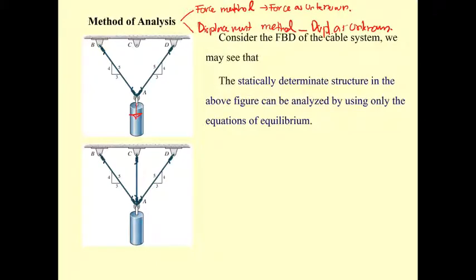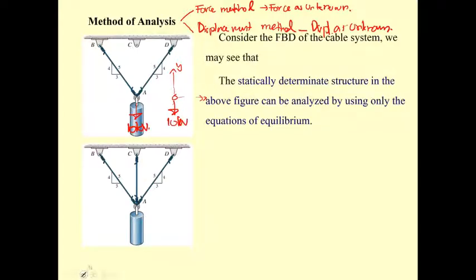Let us first consider this one, and you may have this weight of 10 kilonewton. You may draw the free body diagram of this one. This is going to be the X, this is going to be the Y, and this is going to be the 10 kilonewton.